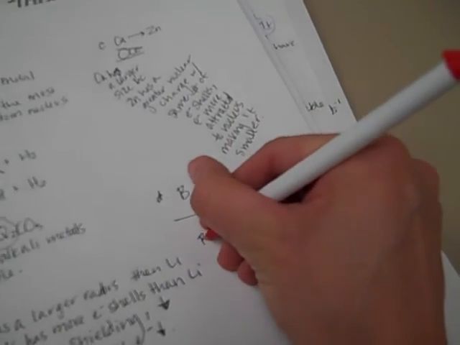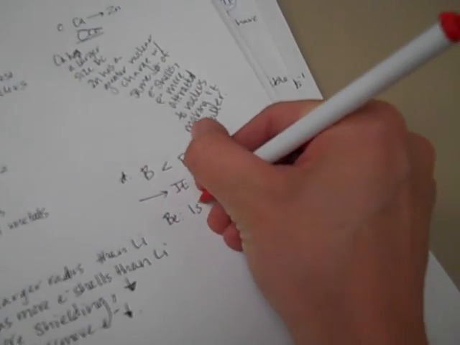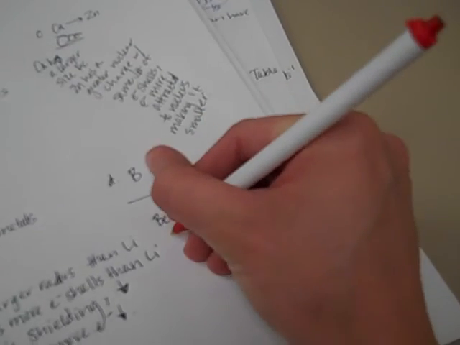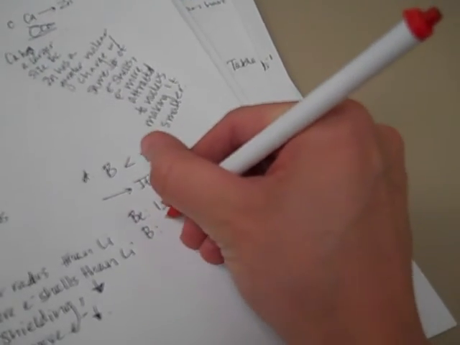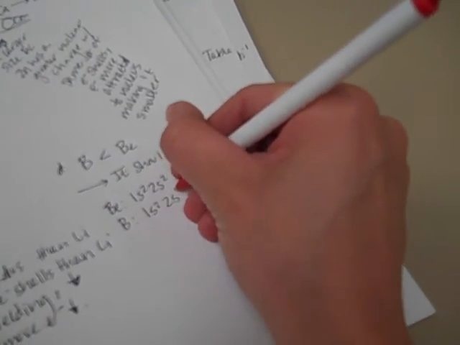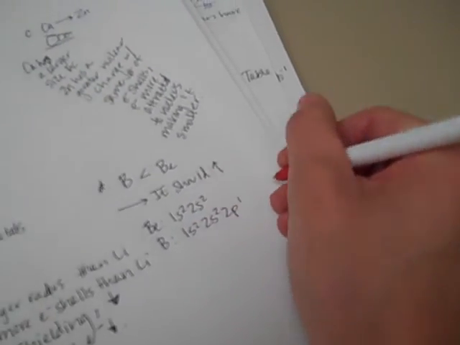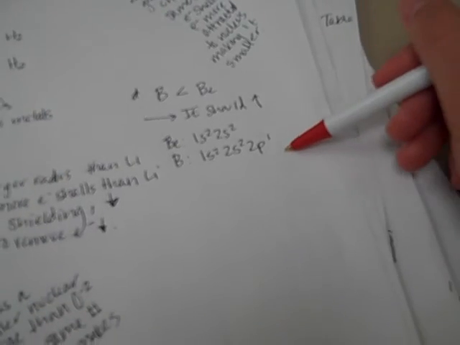So when you get one that asks you to describe an exception to the rule, what I would do is write their electron configuration. So Be is 1s2, 2s2. B is 1s2, 2s2, 2p1. I think it becomes easier to explain if you can actually see what the configurations are like.